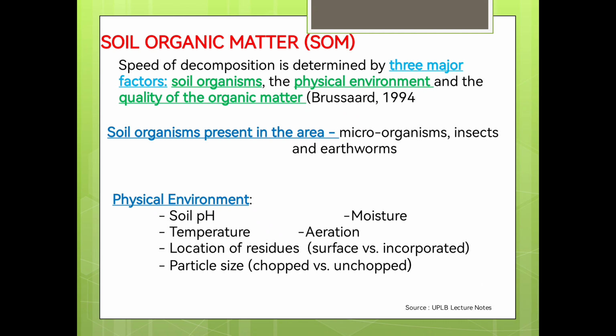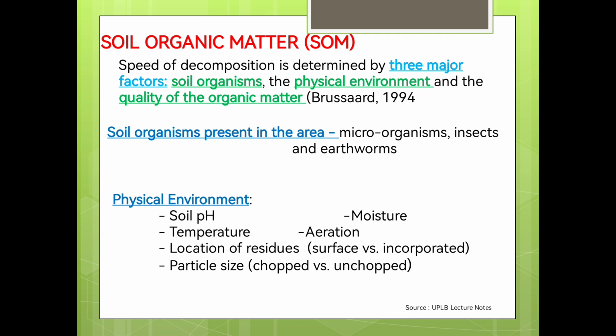When we say physical environment, these include soil pH, it has to be favorable, temperature, the location of the residue, whether they are on the surface or incorporated in the soil, the particle size, whether small versus unchopped. Because if the particle size of the organic matter is large, it takes longer to decompose compared to chopped or smaller size.